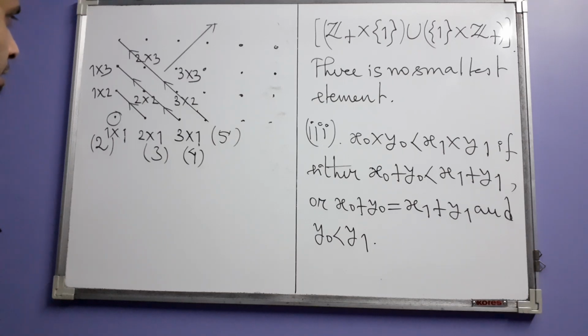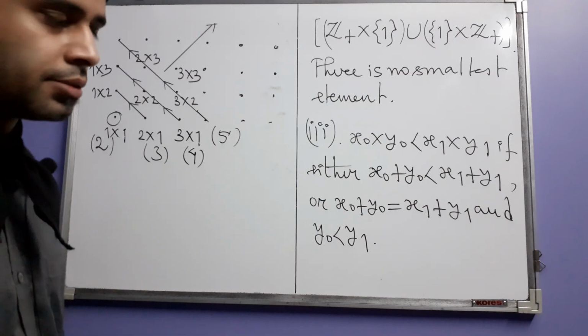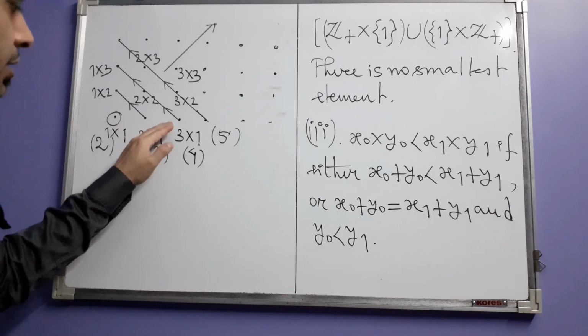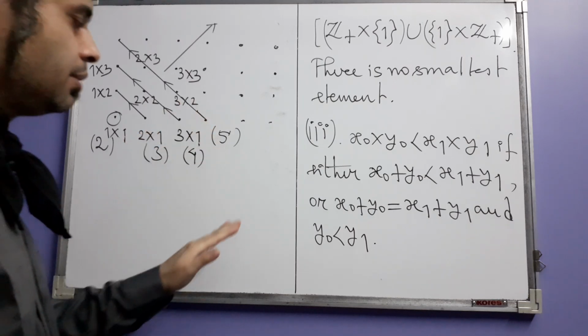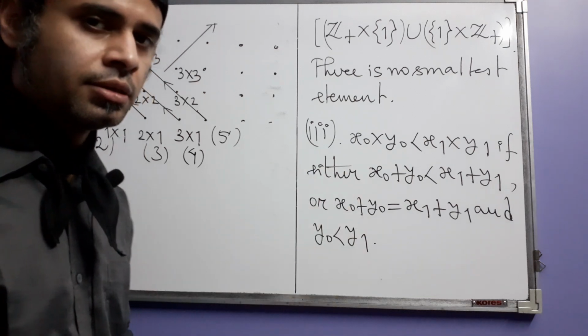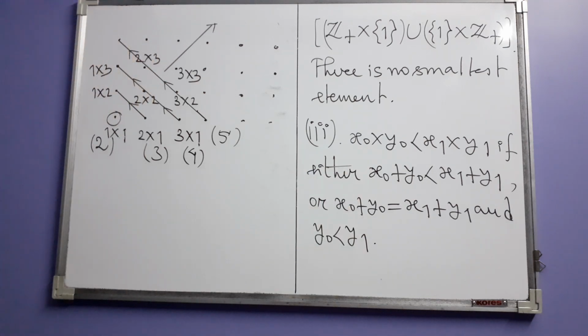Okay. Now what about immediate predecessors? Actually here, this is the best possible order for finding immediate predecessors among these three. Nearly every element has an immediate predecessor.